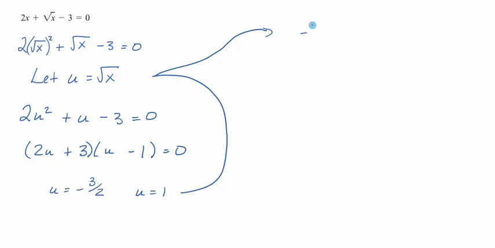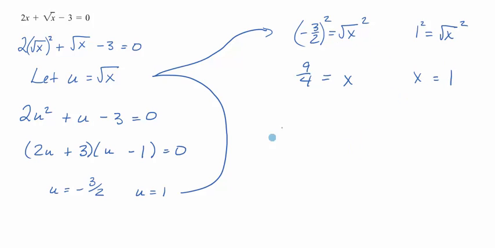So we have negative 3/2 equals the square root of x, and 1 equals the square root of x. We'll square both sides, and that gives me x is 9/4, and of course x is 1 over here. And we do have to check both of those.